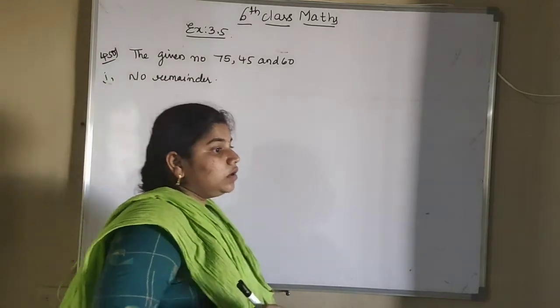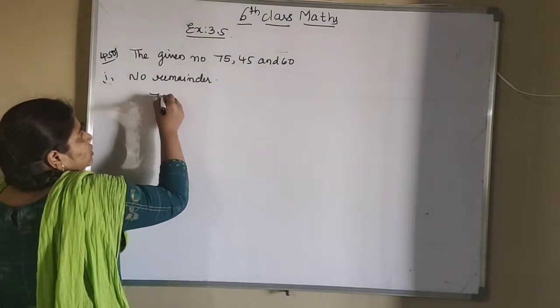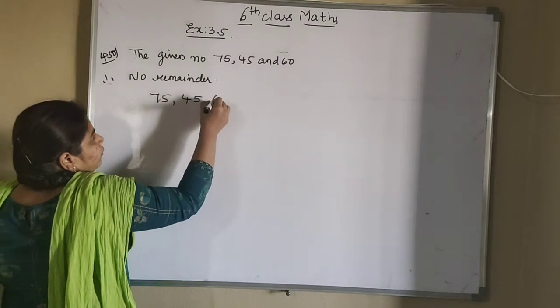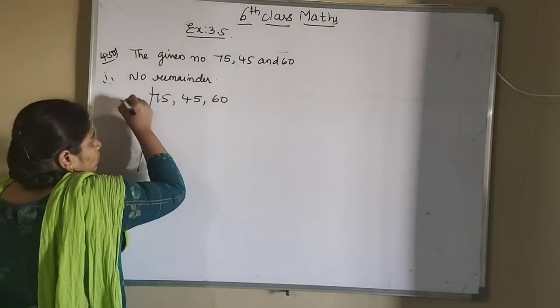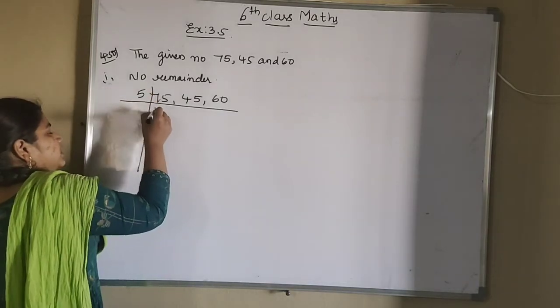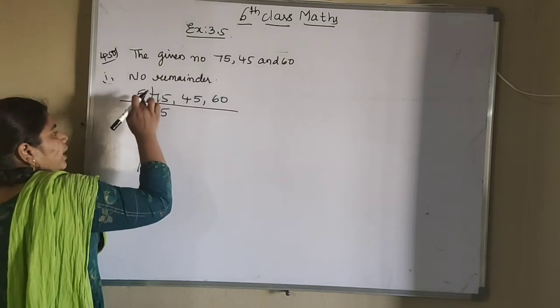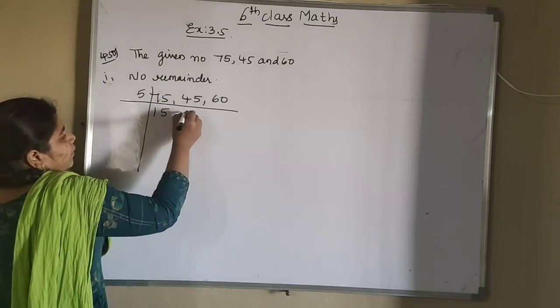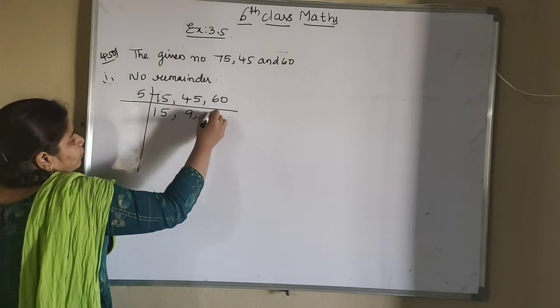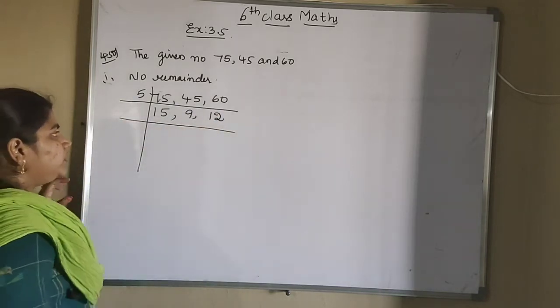It gives no remainder. So take the LCM for this. 75, 45, 60. So in which table it will go? It will go in 5 table. So 5 1s are 5, 5 5s are 25, that is 5 15s are 75, 5 9s are 45, 5 12s are 60. Now 15, 9 and 12 will go in 3 table.